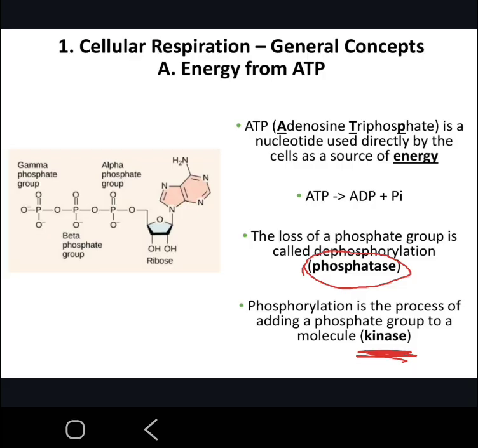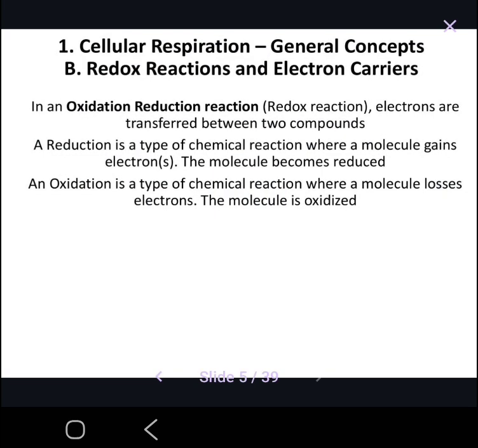Okay, before talking about cellular respiration, I need to introduce another concept that is critical to understanding today's lecture. And this is 2 types of chemical reactions called oxidation reactions and reduction reactions.